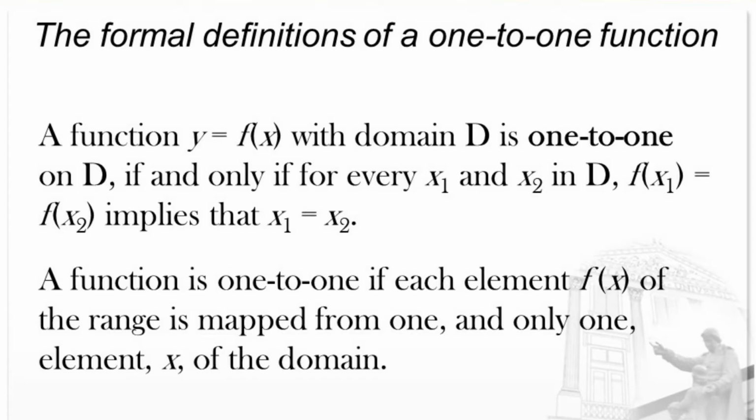What do you mean by that definition? A function is one-to-one if each element of the range is mapped from one and only one element in your domain. What's your insight about that?